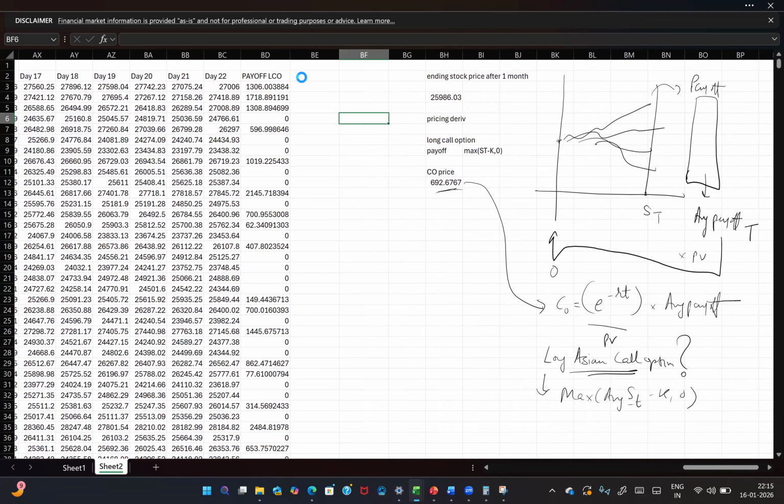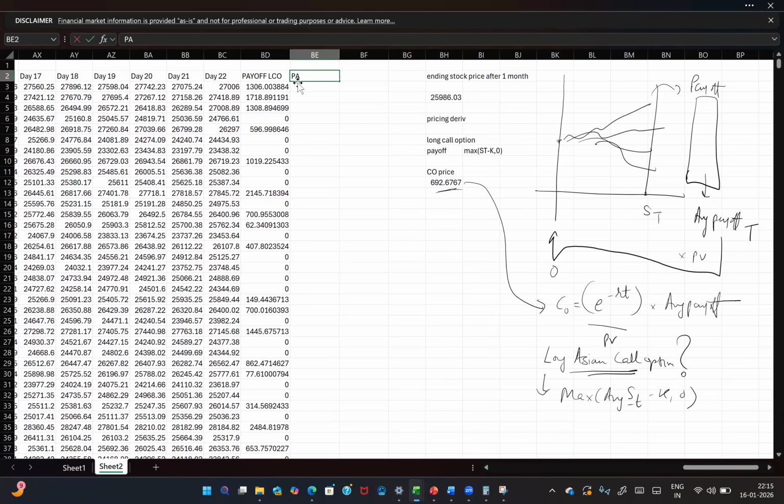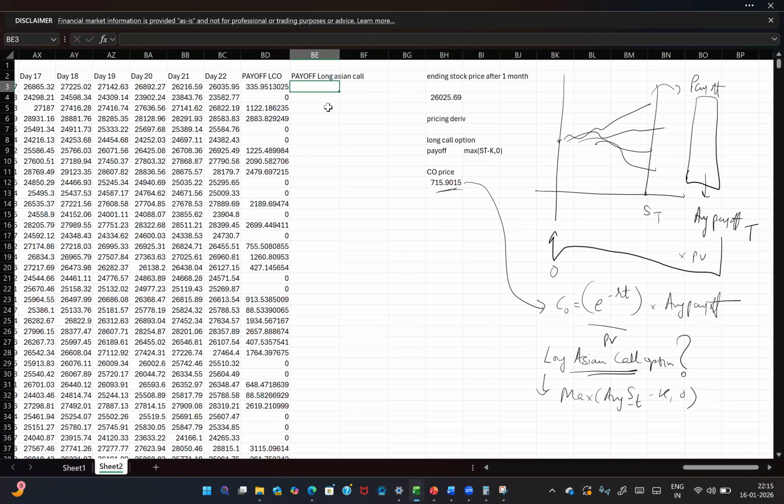So what I'll do is I'll have another column here in which we will calculate the payoff as max of average of ST. So let's write it, payoff long Asian call. That will be nothing but max of average of all the STs.